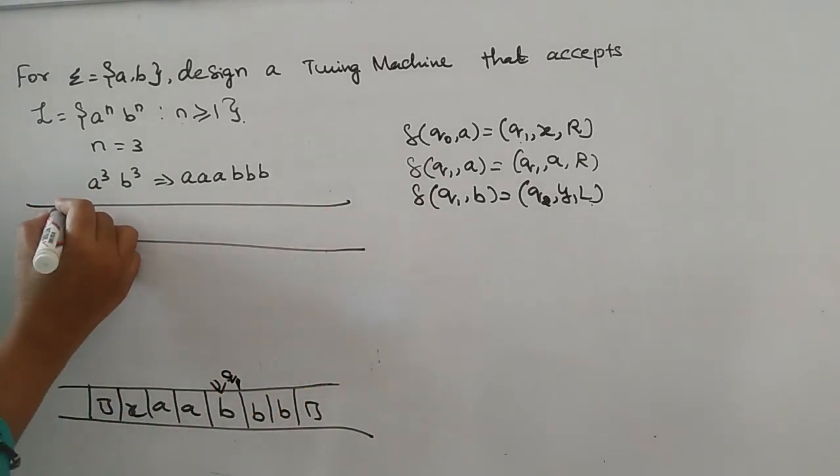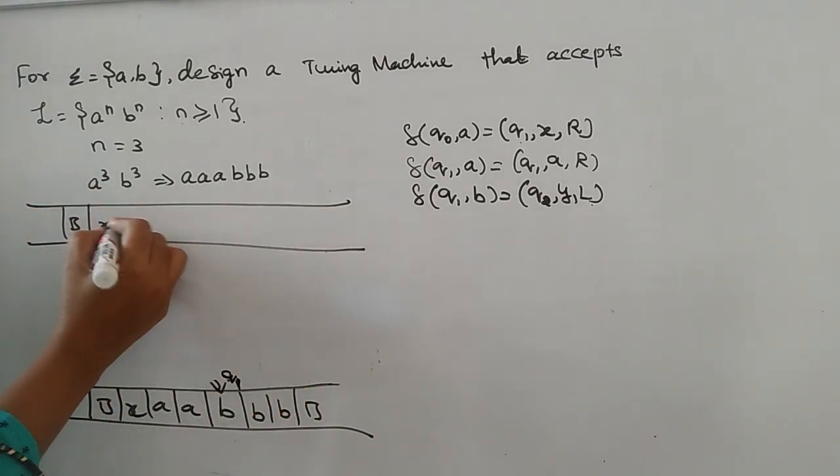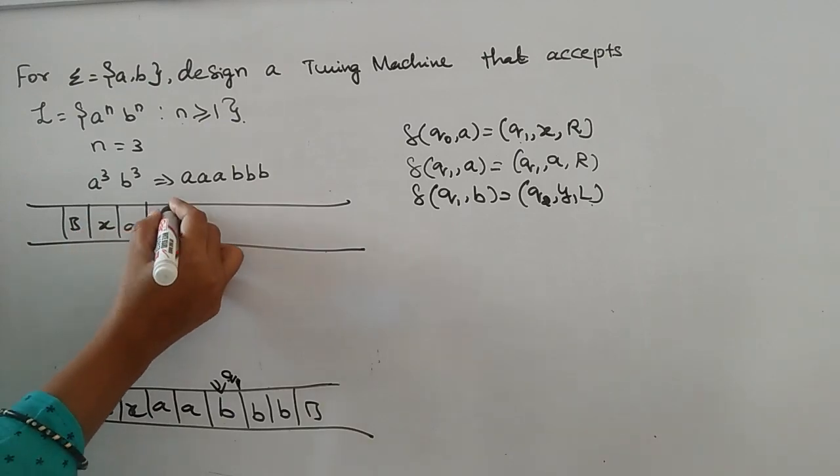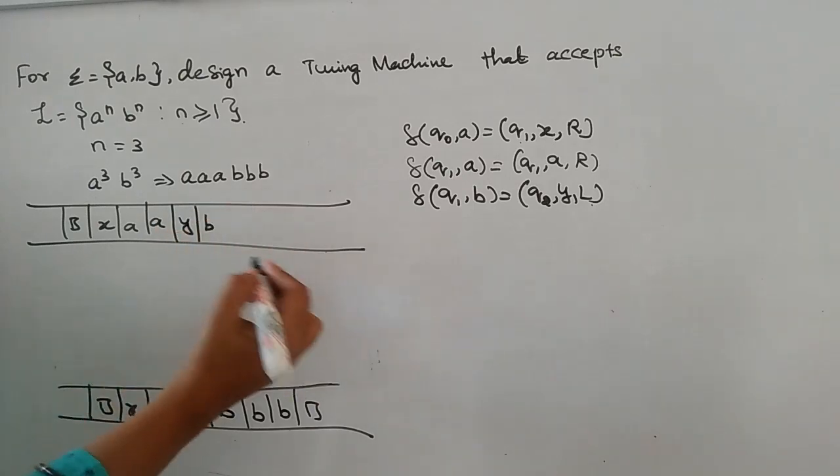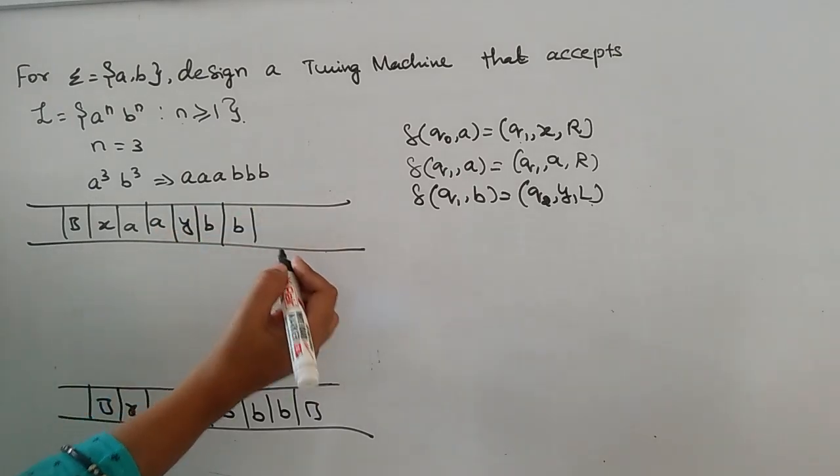Here we will have X, then a, a, and this b will be replaced by Y, and we will get it like this.